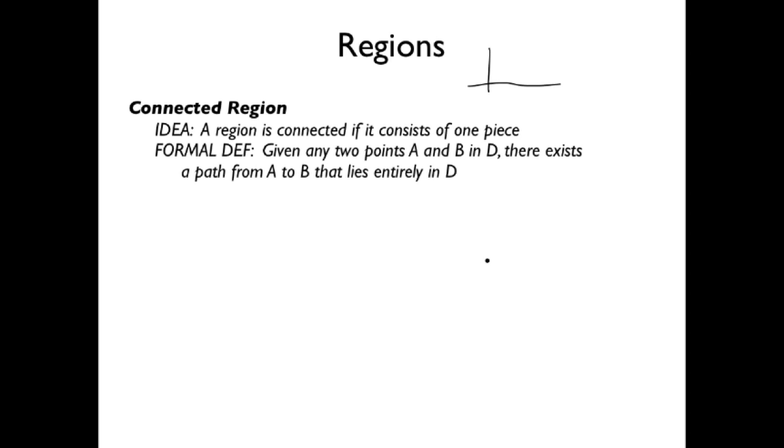The formal definition would be, given any 2 points in the region, there exists some path between them that lies entirely in the region. That's the formal definition. So for instance, connected?